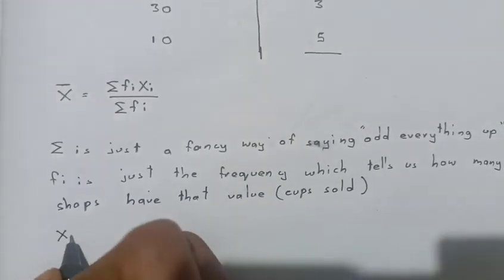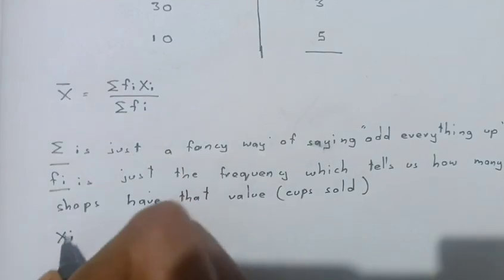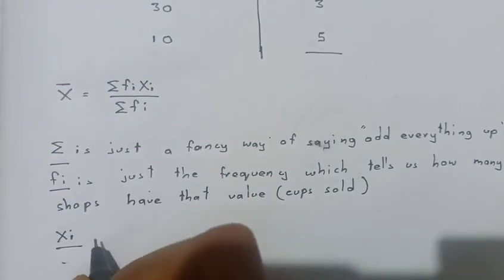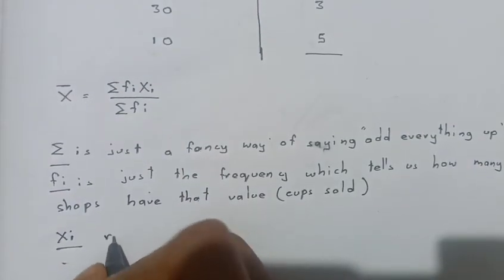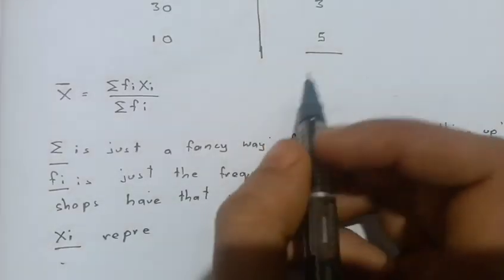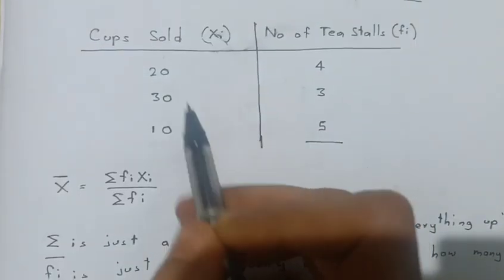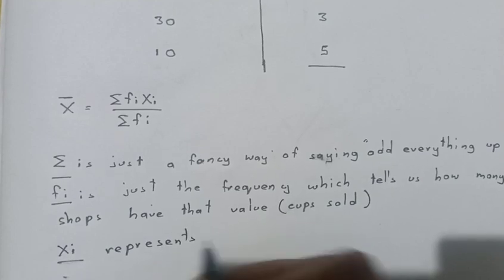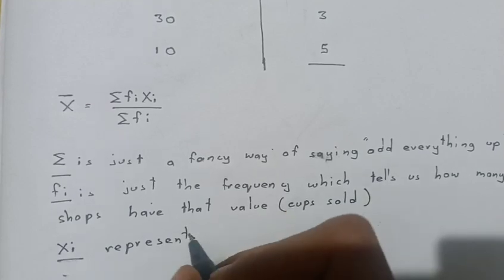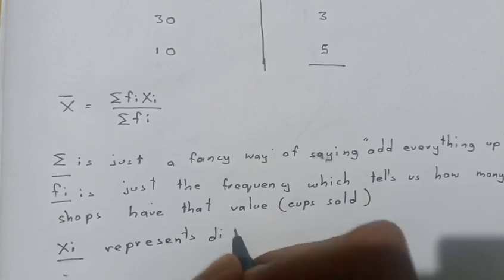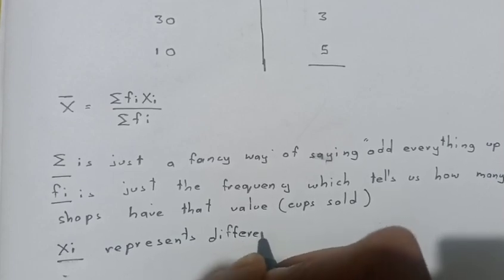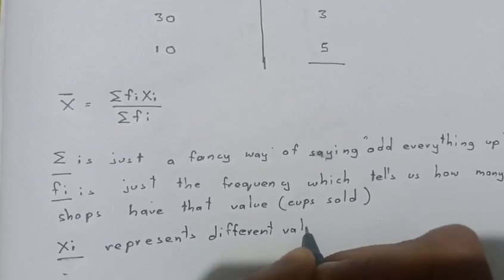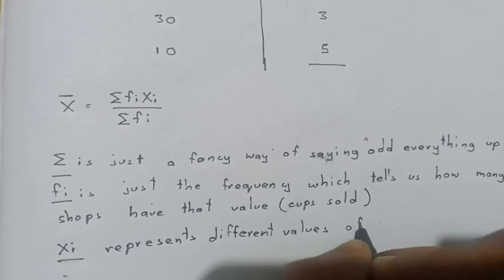This is the frequency fi. And xi, this one, the cups sold, represents the different values of the data set.